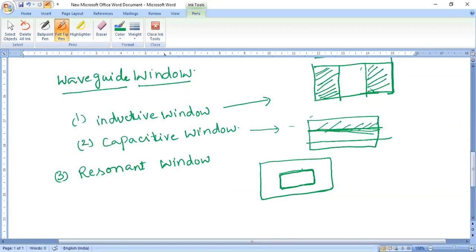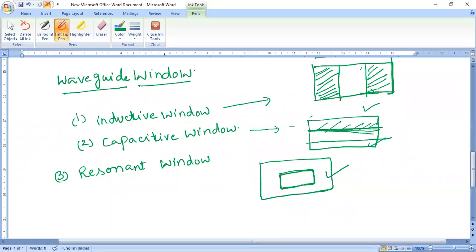What are the major limitations or disadvantages of these waveguide windows? The susceptance provided by these windows is fixed. They provide only a fixed amount of susceptance, and it is very difficult to place these metallic sheets in contact with the waveguide without any discontinuities.